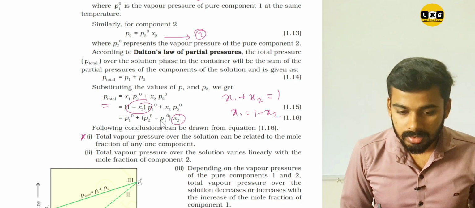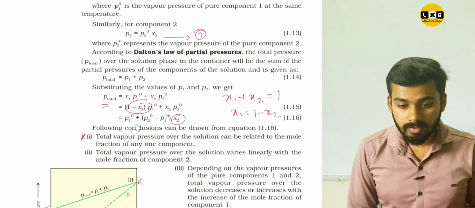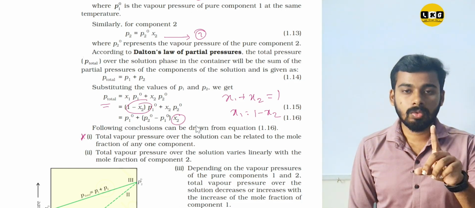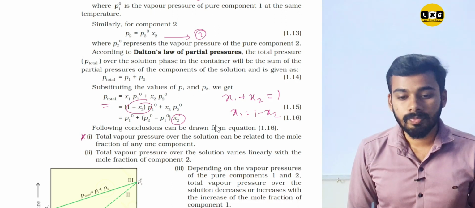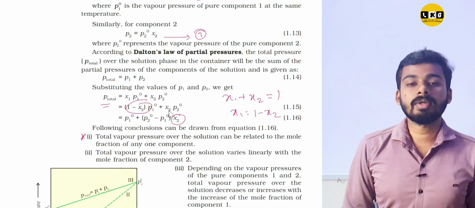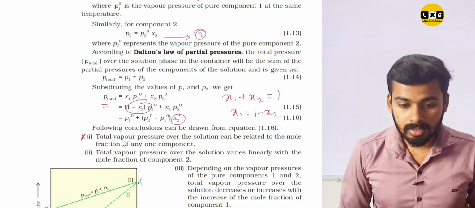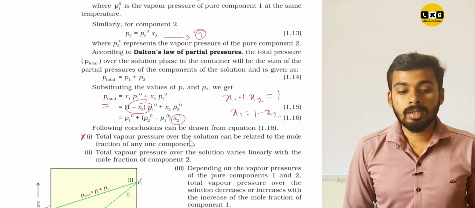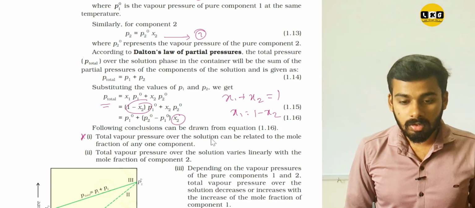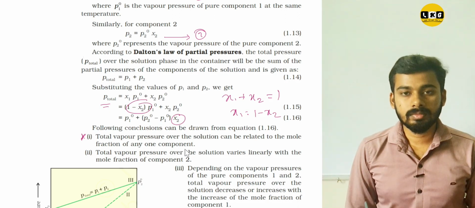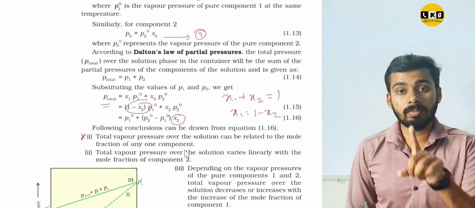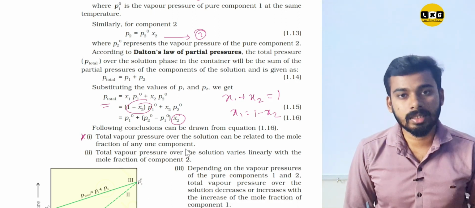As I told, in the final equation we find only the mole fraction of one component, that is component 2. If you write X2 in terms of X1, you will get only one component's mole fraction. That is the conclusion. Total vapor pressure is a function of the mole fraction of any one of the components. Since it is a binary solution, the mole fraction of any one component applies.